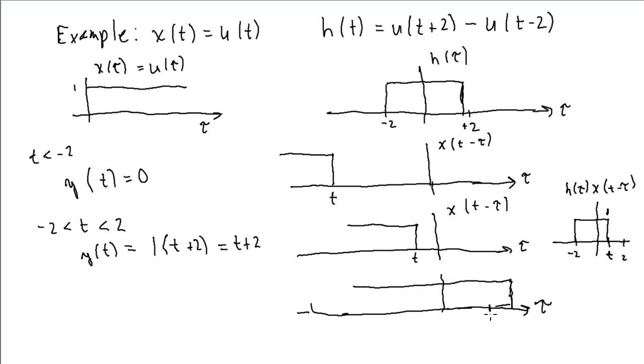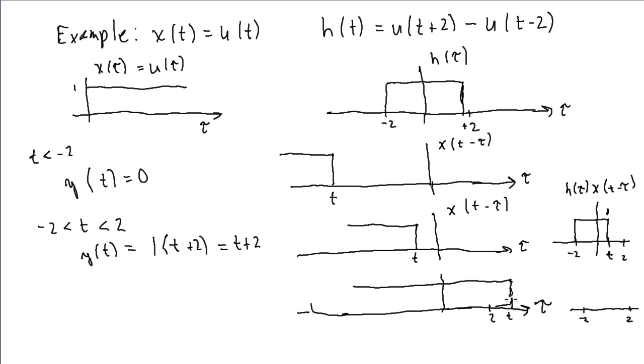So here's 2, here's t. Now in this particular case, what the product would look like is, again, h of tau is 0 for all tau less than minus 2, and it's also 0 for all tau greater than 2. So the product, again, here would be 0 for tau greater than 2.